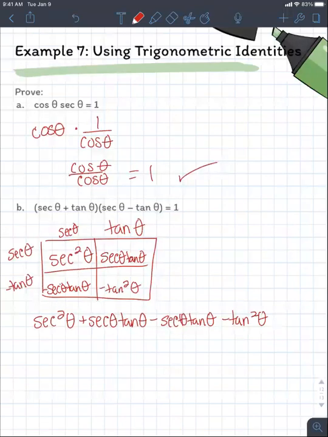And we're just left with secant squared theta minus tangent squared theta. From our Pythagorean identities earlier, we know that that equals 1. So those are just using those Pythagorean identities and trig identities to simplify these expressions so that you can prove that one side equals the other side. And that is our last example.